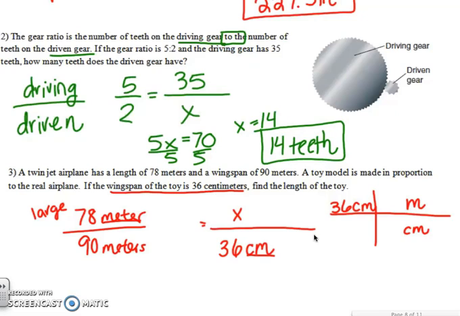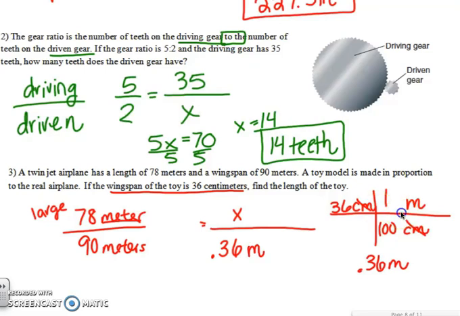Y'all know? Remember, a centipede has 100 legs? So you've got 100 centimeters in 1 meter. So when I cancel out, 36 divided by 100 is 0.36 meters. So I'm going to change this down here to 0.36 meters.